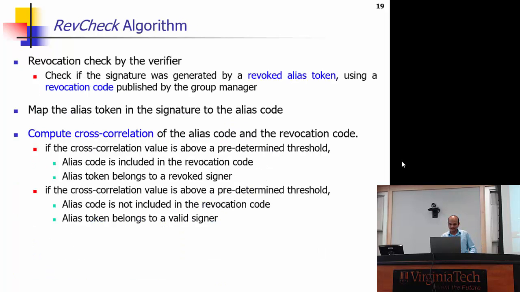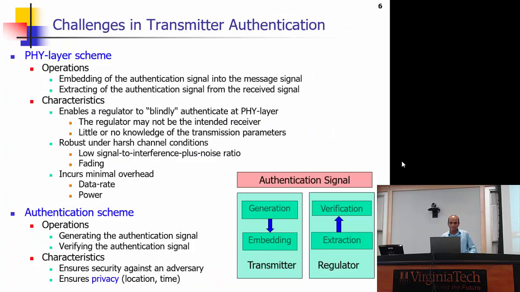Okay, let me go back. Yes, you are saying the same thing that Dr. Dhillon was saying. You are exactly right in saying that this big of a signal cannot be received at a receiver without any error. If we just transmit this signal at the PHY-layer, you cannot receive this big of an authentication signal without any error.